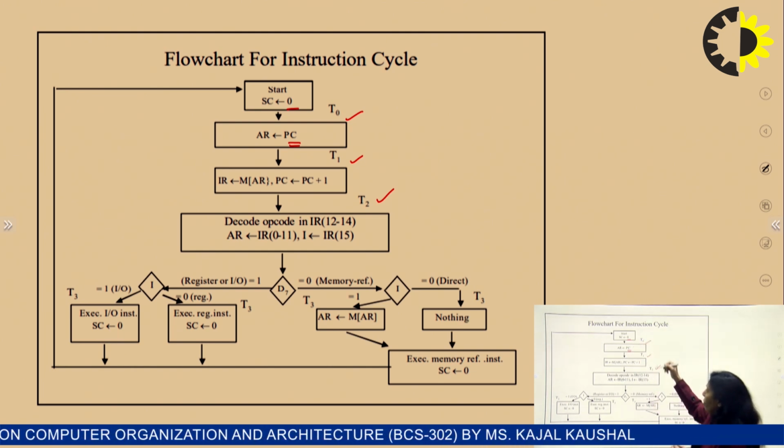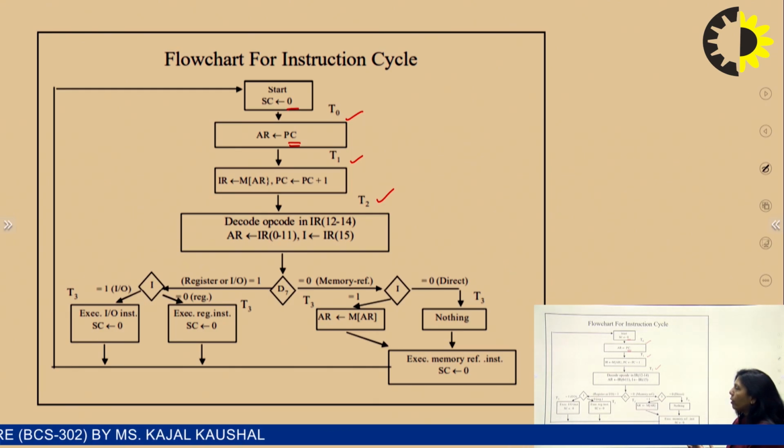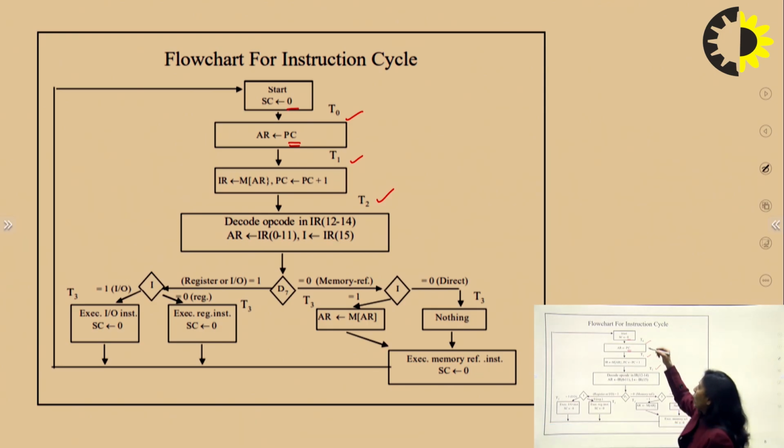Whatever value the program counter has, that is the instruction that needs to be fetched by the processor from the memory. So, first of all, it needs to fetch the value that is there in the program counter. This program counter will give that value to the address register.